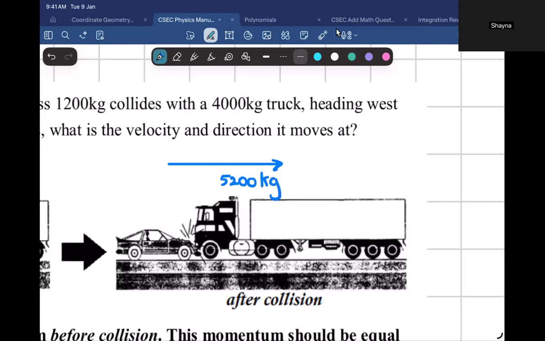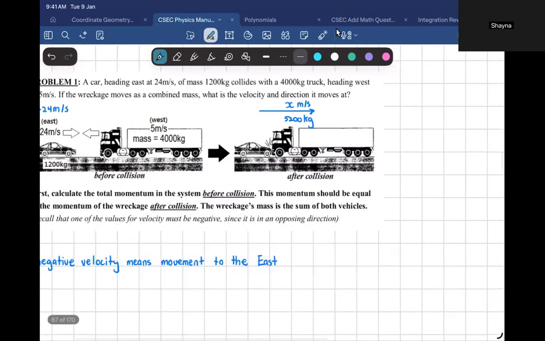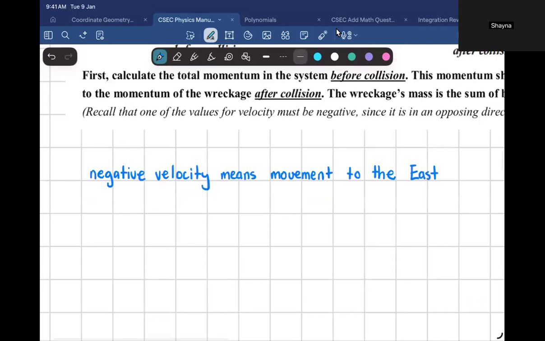And we don't know what the velocity is, so we could say x meters per second. So let's calculate the momentum before collision, right? And we know that before collision is supposed to be equal to after.